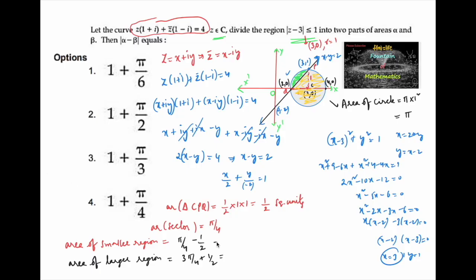And now the difference, this is alpha and beta, so mod of alpha minus beta is equal to pi by 4 minus 1 by 2 minus 3 pi by 4 minus half.